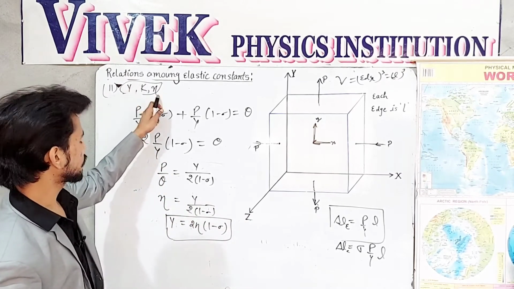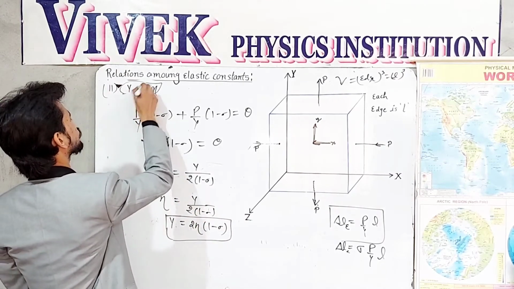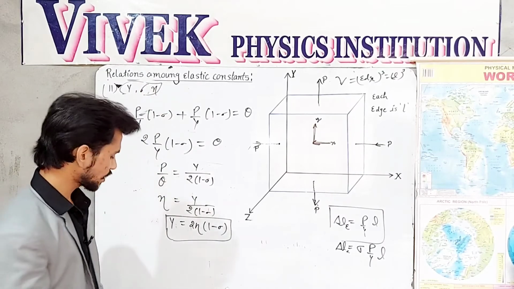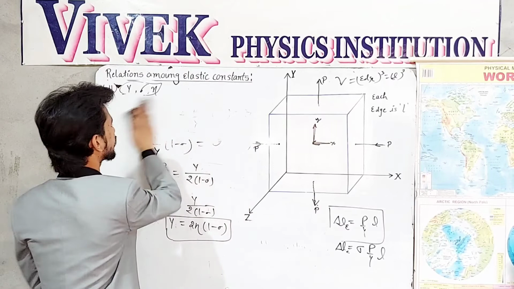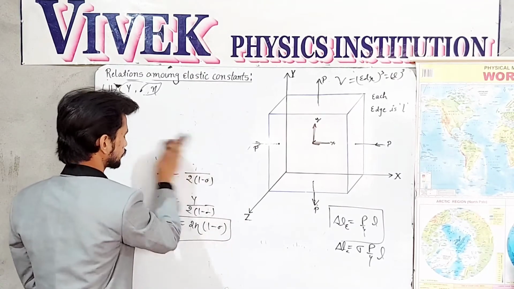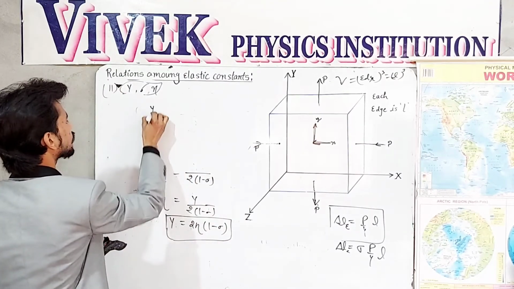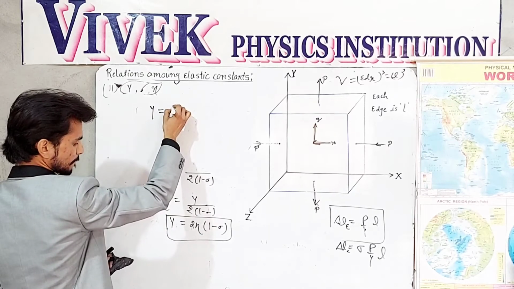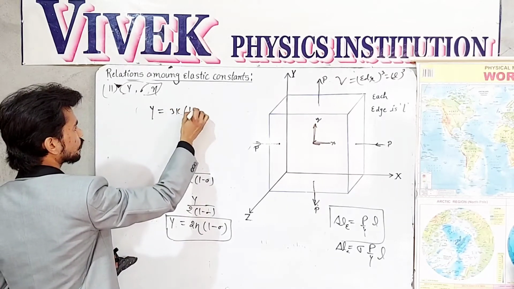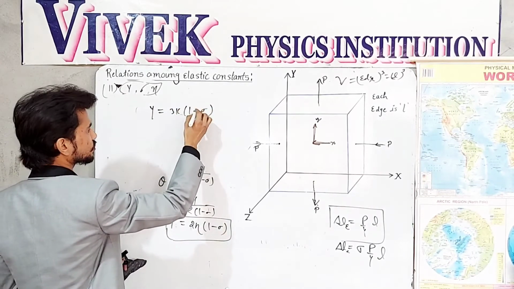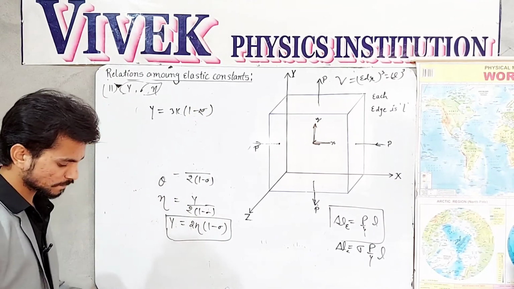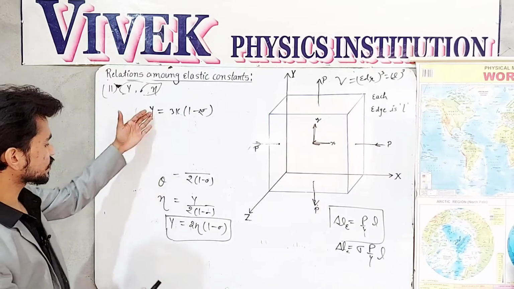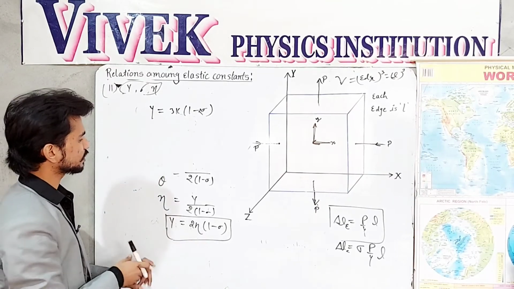The last relation we derived was Y equals 3K times (1 minus 2 sigma). So these are the two relations among the elastic constants.